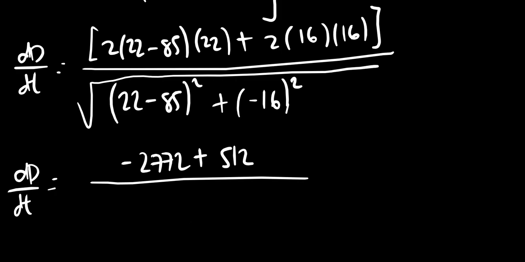What is the square root of 22 minus 85 squared plus negative 16 squared? We have 65.